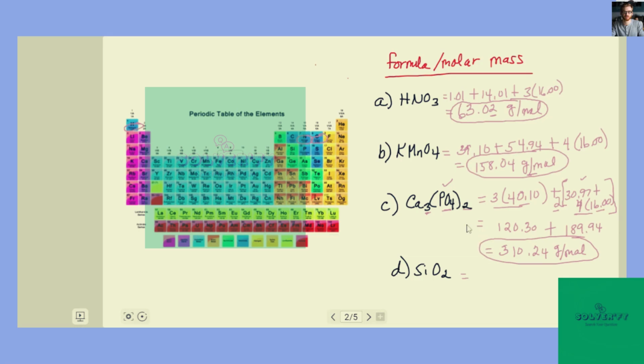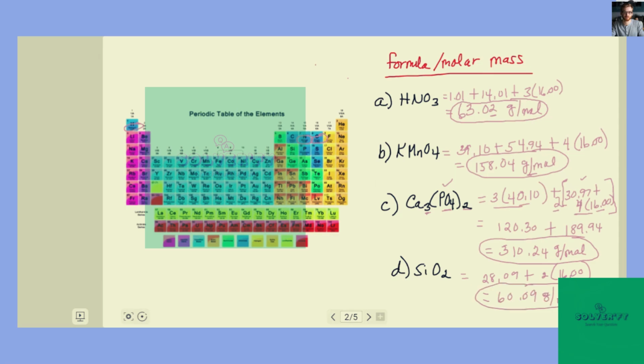Silicon dioxide is going to look real simple after doing the calcium phosphate example. So we've got 1 silicon, and according to the table, that's going to be 28.09 grams per mole. And the 2 oxygens, which we know are 16 grams per mole, we'll put together here, and then for silicon dioxide, we'll crunch some more numbers and figure out that total molar mass for it.